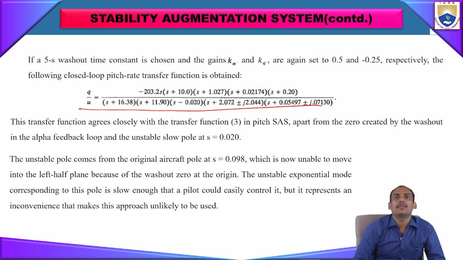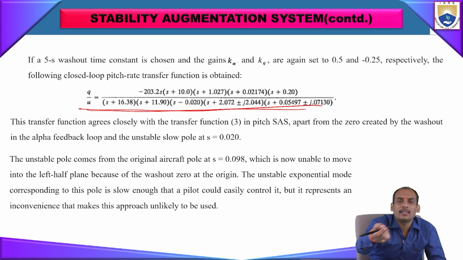That is minus 203.2 into S into S plus 10 and S plus 1.027 and S plus 0.02174 into S plus 0.2, by S plus 16.38 into S plus 11.9 into S minus 0.02 into S plus 2.072 plus or minus J 2.04 into S plus 0.54 plus or minus J 0.713. So these values we will get for the transfer function.